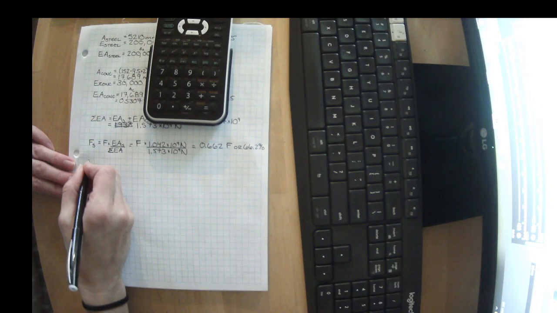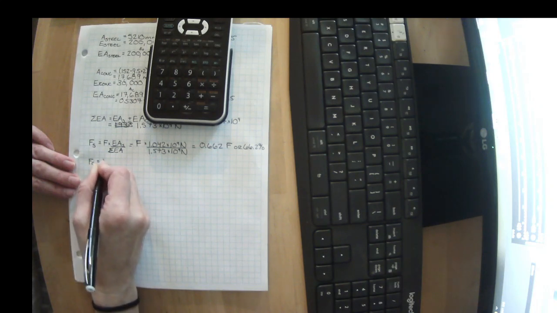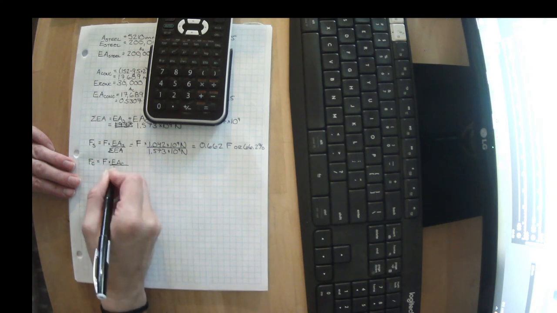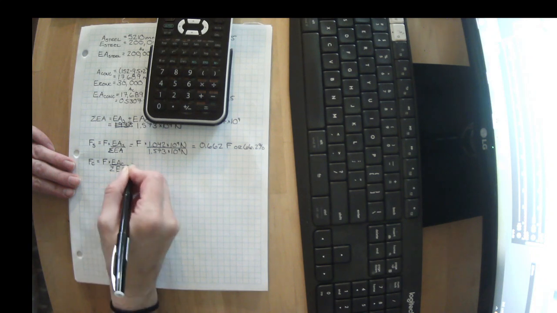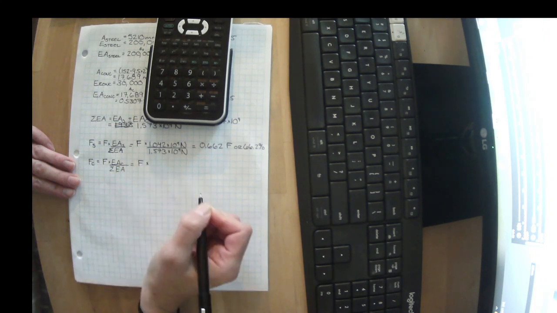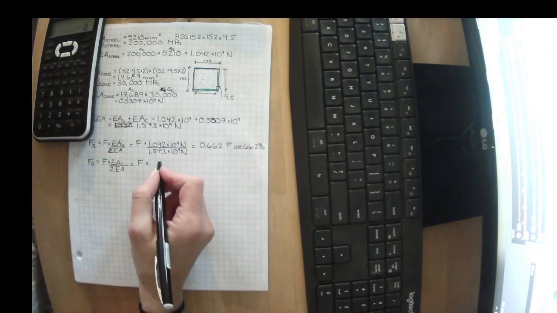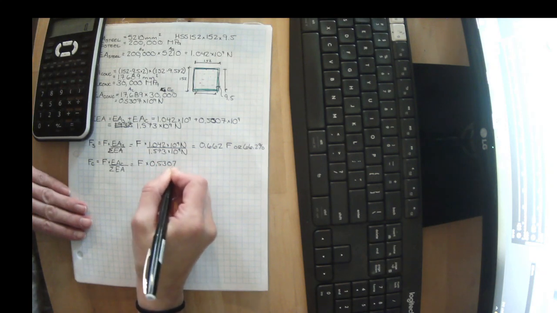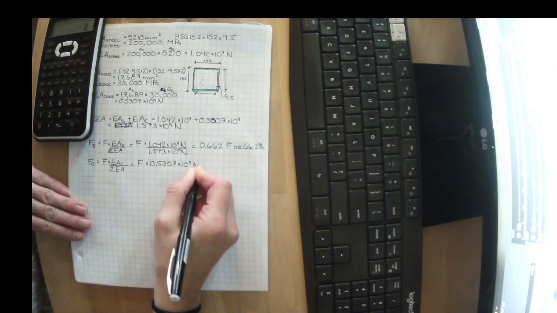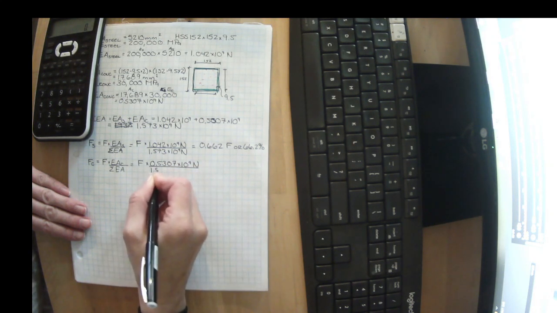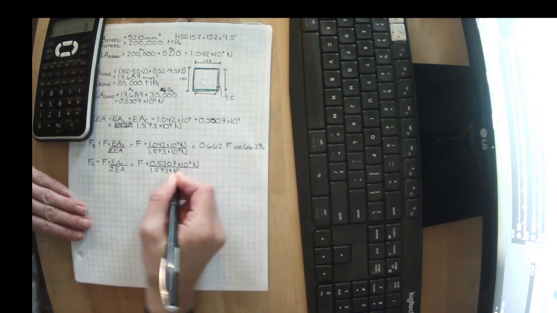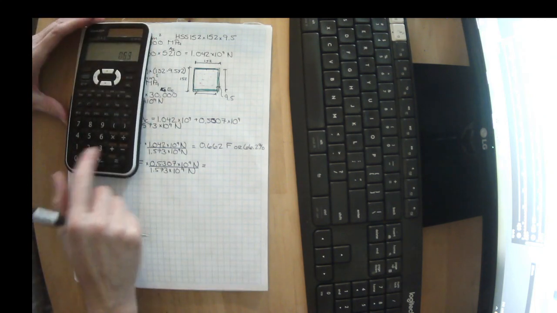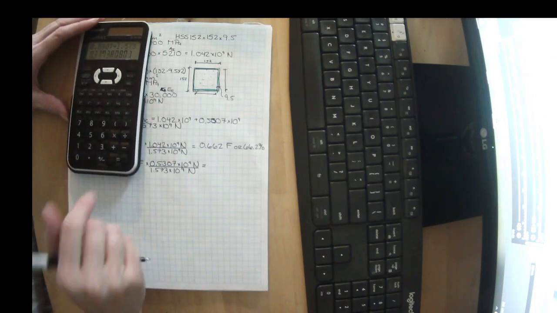But let's just double check that. Let's look at the force in the concrete. The total force times the EA of concrete divided by the sum of the EAs equals force times the EA of our concrete, which is 0.5307 times 10 to the 9 newtons divided by 1.573 times 10 to the 9 newtons. 0.5307 divided by 1.573.